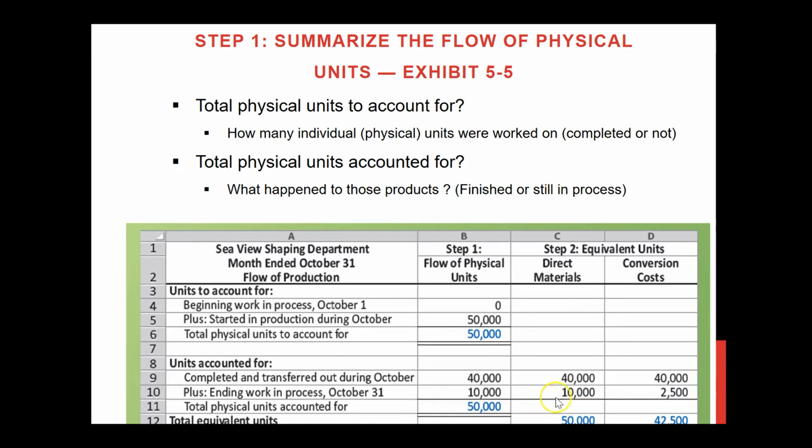Since for these 10,000 units 25% of tasks are completed, we consider 25% of it, and this is how we convert ending work in process into equivalent completed units. These 10,000 ending work in process units are equal to 2,500 equivalent units.